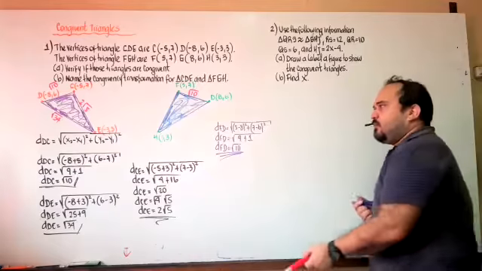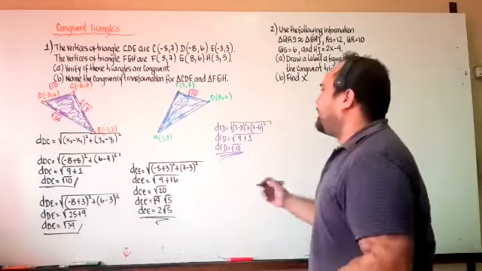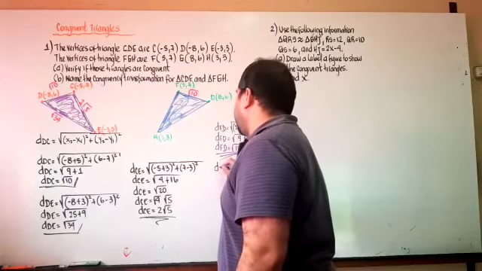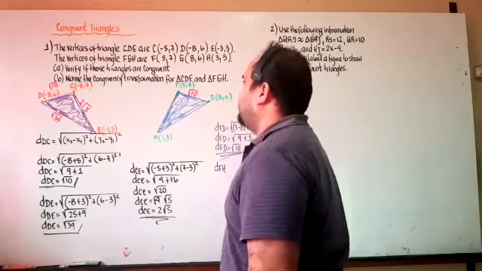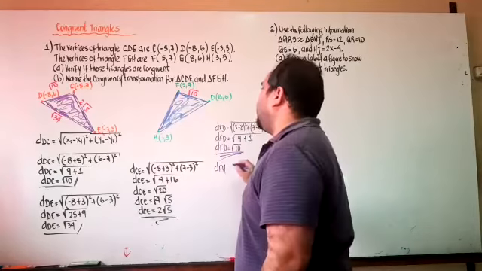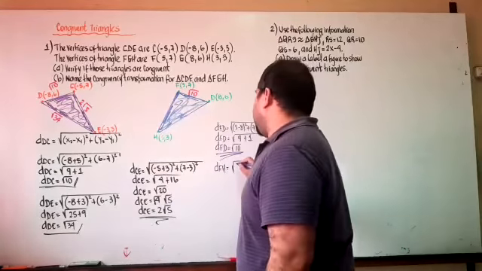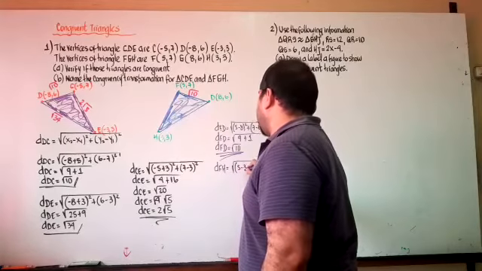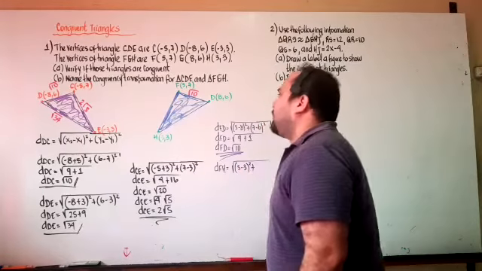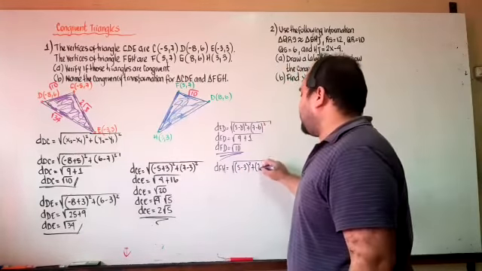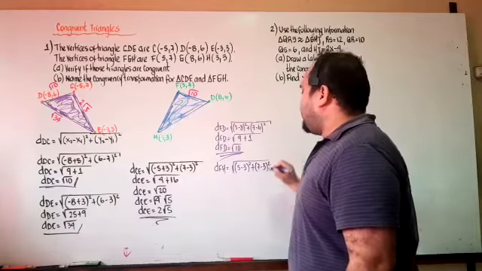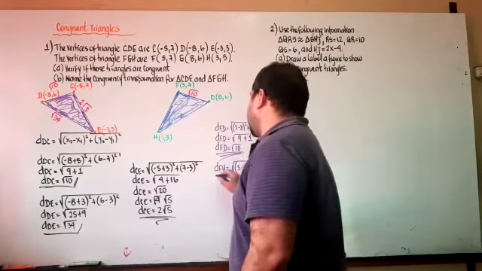Okay, now repeat the process. We can try to find out the distance between F and H, this side. Repeat the situation: 5 minus 3, second power, plus 7 minus 3 at the second power.